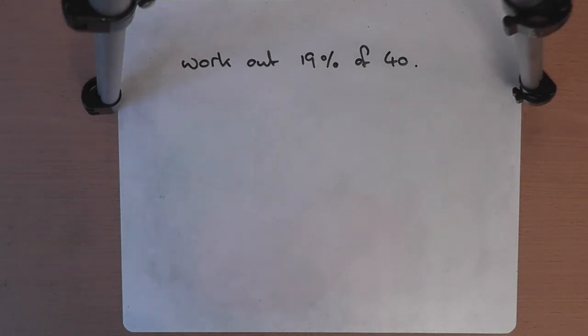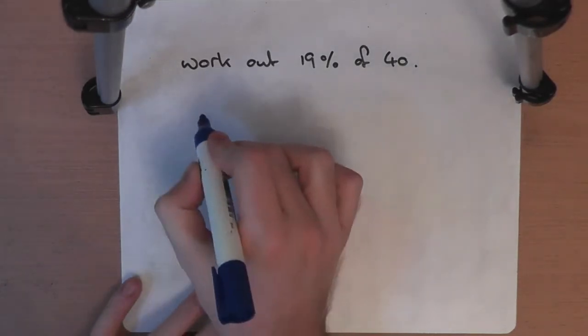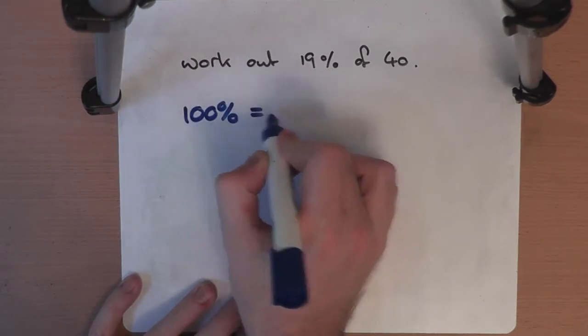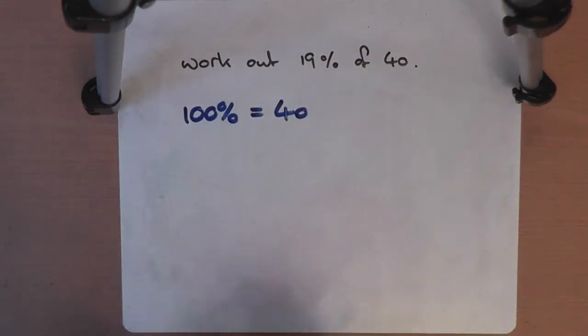We're going to find some other percentages first that will help us along the way. Key thing that this hinges on, this idea of 100%. Well, if we're dealing with percentages as being out of 100, then everything, the whole thing, is 100%. And that's our starting point. So 100% must be the whole 40.